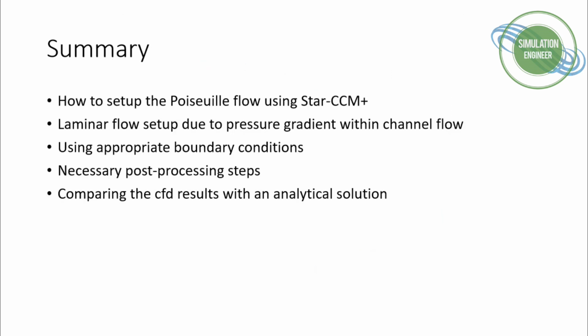So that means we can say that we have successfully validated this type of Poiseuille flow using Star-CCM+, and we have seen how to set up this kind of laminar flow due to the pressure gradient within this channel flow, by using the appropriate set of boundary conditions.